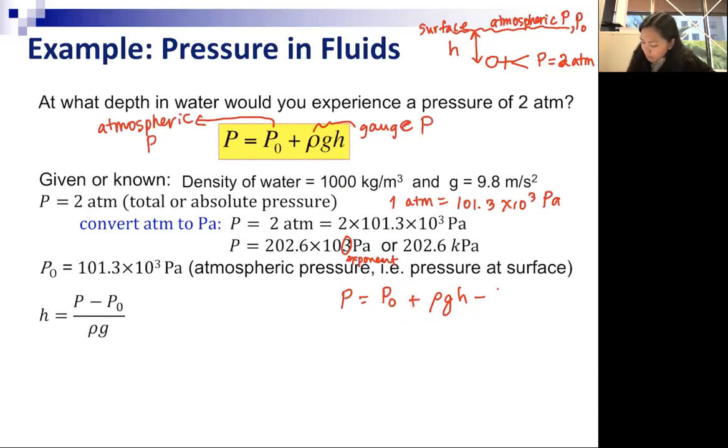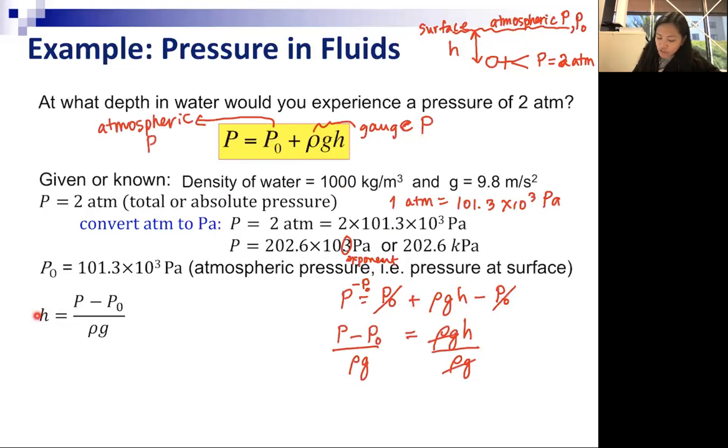So if we subtract P0 from both sides, then we get rid of this P0 on the right, and we have P minus P0 on the left is equal to rho GH. Right, to isolate H, it's tied to rho and G via multiplication. So if I divide the right side by rho times G, I also divide the left side by rho times G. Rho times G cancels out.